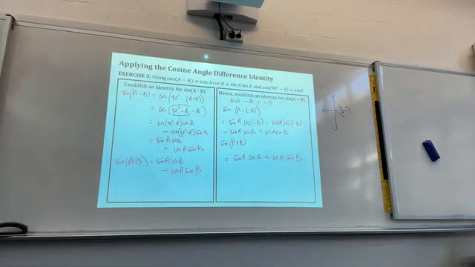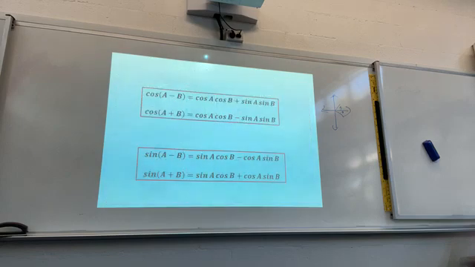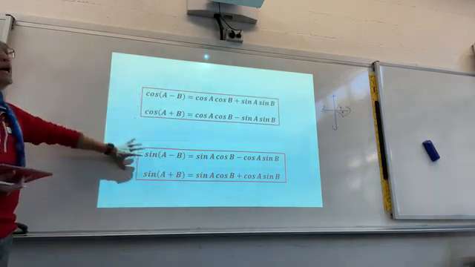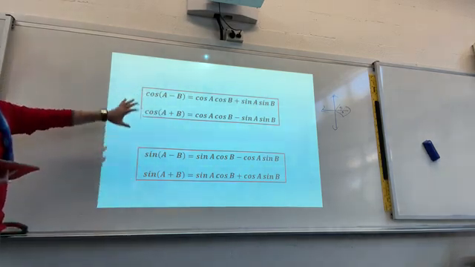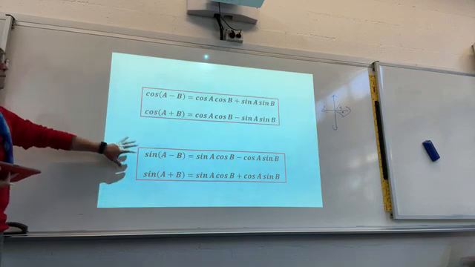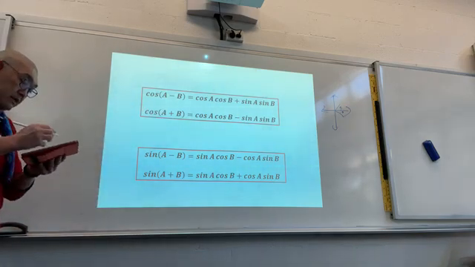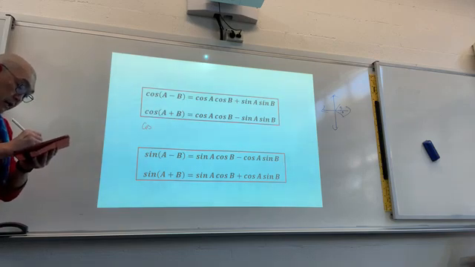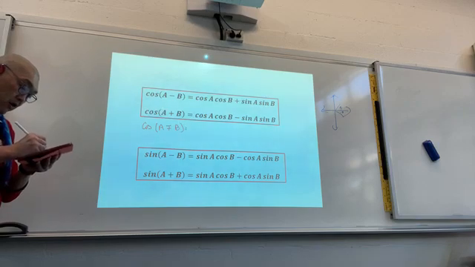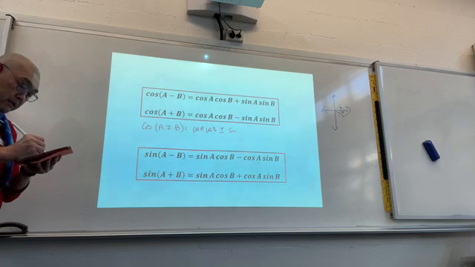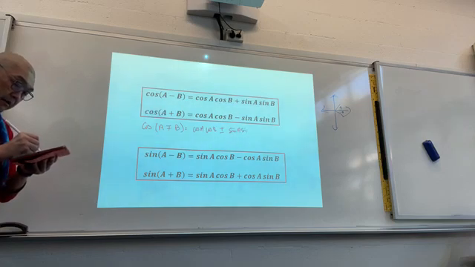Now, what I want to show you is why, hang on, this is a summary. The summary of this is what you really need to know, and it's actually in the formula sheet. The formula sheet will give you all this, but it will be written as cos A minus or plus b equals cos A cos b plus or minus sine A sine b.